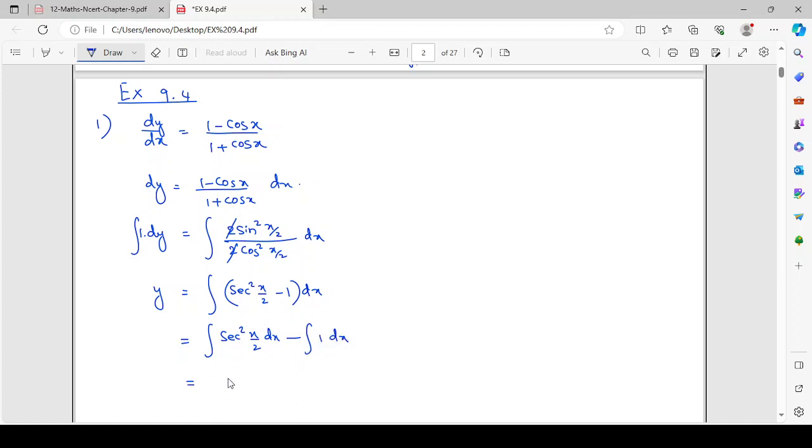Careful here: integration of sec square x is tan x, but for sec square x by 2, the integration is tan x by 2 divided by the derivative of the inner function. Here x by 2 is there, so its derivative should be written in the denominator, 1 upon 2, minus x plus constant. So y equal to 2 tan x by 2 minus x plus c is the general solution. I hope you understood.